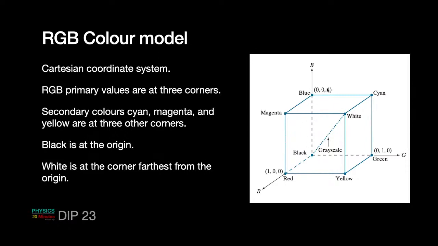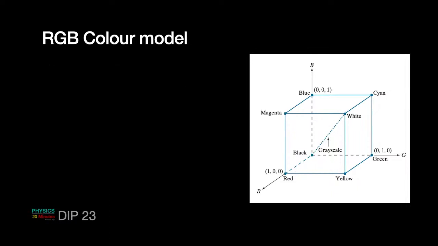The brightest is taken as 1. Whichever number of bits you may use, suppose you are using an 8-bit color system, then this will be 255, but here it is normalized as 1. So that is your grayscale from black to white. The grayscale lies along the diagonal.